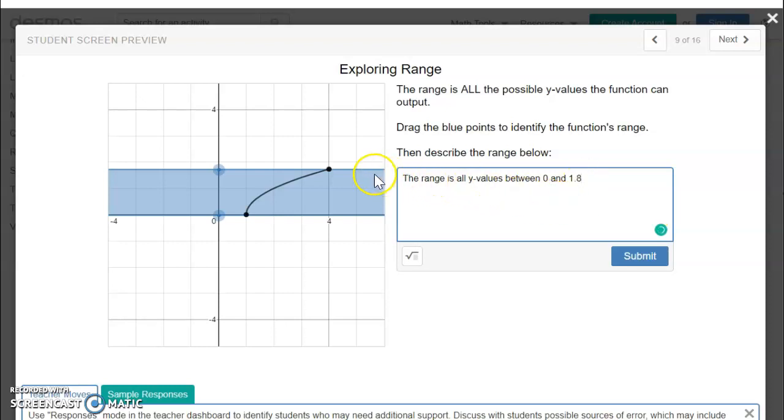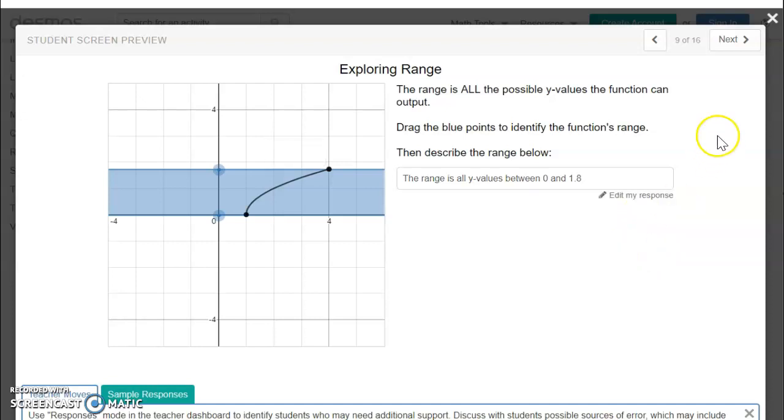If you want to, you can click on the dot and it will give you the number here, which is a lot more precise than what our eyes can see. It's telling me it's 1.73, but I think it's really closer to 1.8. Well, maybe you can put 1.7, it's up to you. Then I'm going to submit. So we are saying that the range of this graph is between 0 and 1.8.